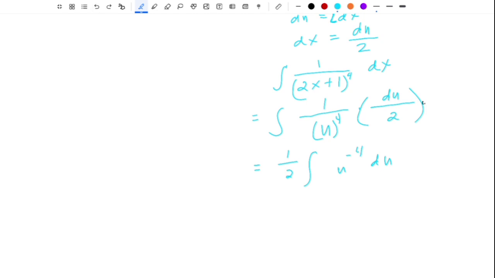Now that we have that, let us perform integration using the power rule.